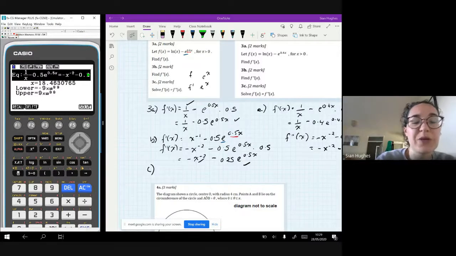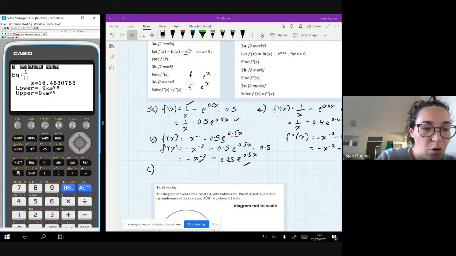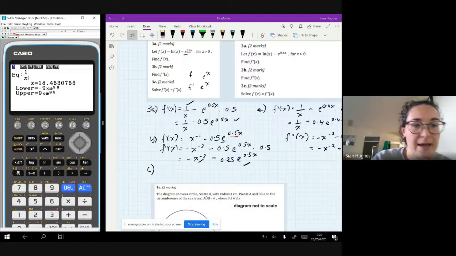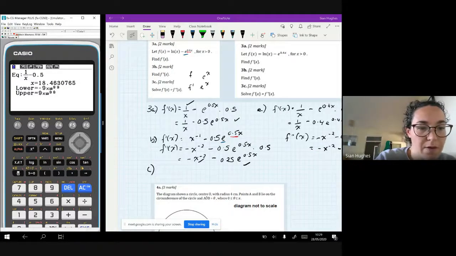And you'll notice that actually I've already written it in there, but we'll do it again. So 1 over x minus 0.5 e to the 0.5x equals, need the equals down here.